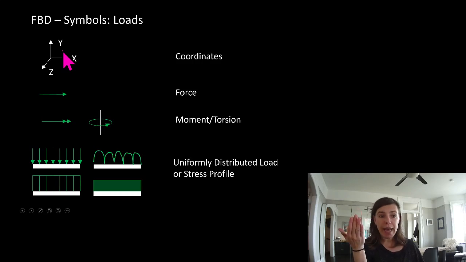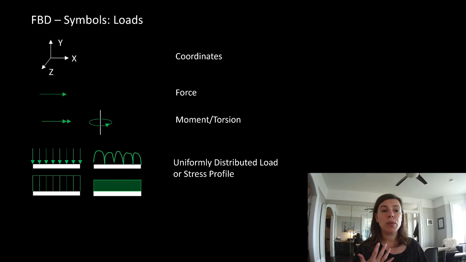We learned about the right-hand rule, where if we want to talk about whether something is positive or negative spinning about the z-axis, we curl our fingers in the direction it's going, and our thumb will tell us if it's positive or negative. If we're curling our fingers in the direction it's trying to spin, if our thumb is coming out of the page, that means we're talking about a positive moment. If our thumb is acting into the page, we're talking about a negative moment.